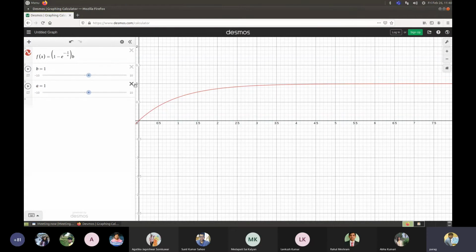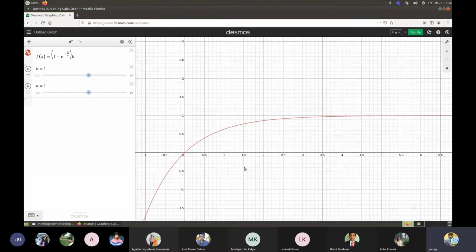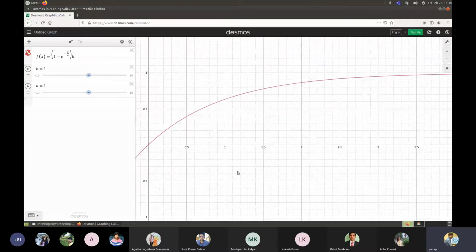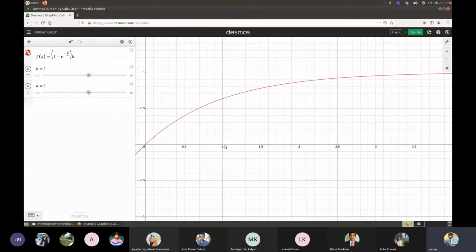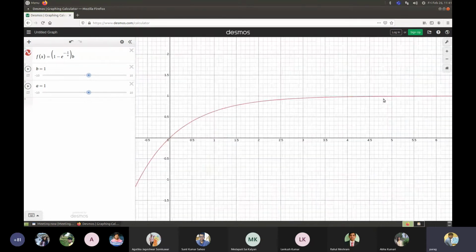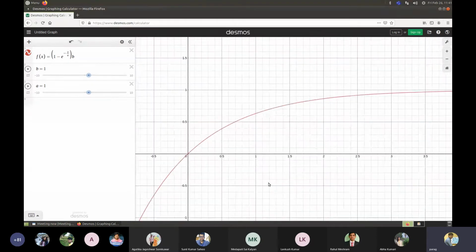Okay, so what happens when I have set A as unity? See here, this is 0.6321, right? Your marathon is from 0 to 1, right? You are trying to reach the final asymptotic value of 1. So your entire range is 1, and your x-axis is time, right?